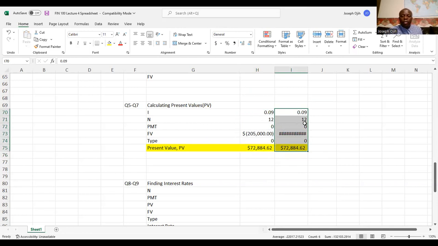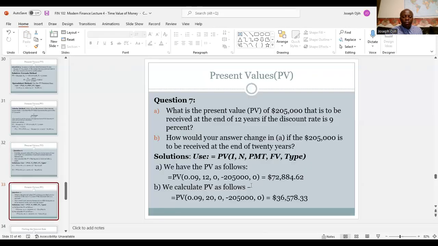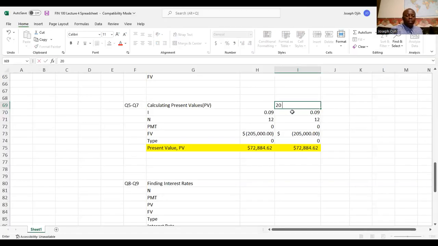So change this from 12 years to 20 years, since the question says 20 years. So change this to 20.